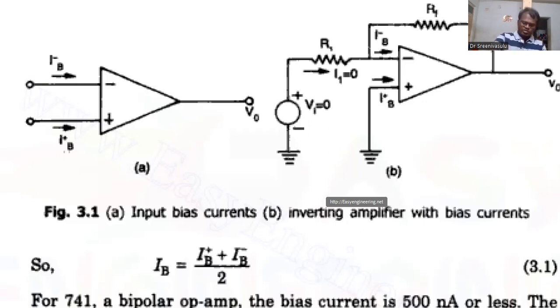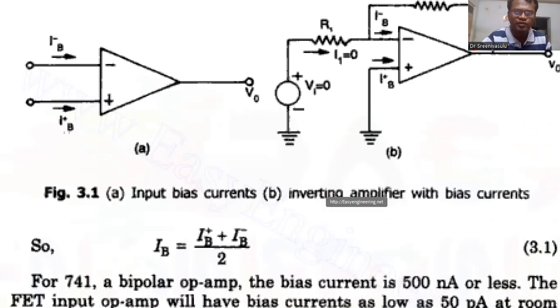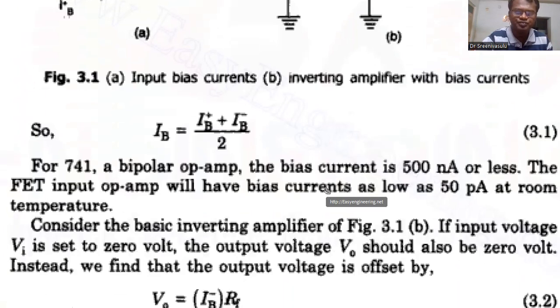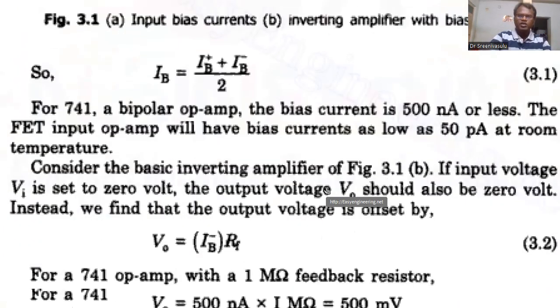So the input bias current is the average of the non-inverting base current and the inverting base current, that is, (IB plus + IB minus) by 2. This is the actual input bias current in a real op-amp.